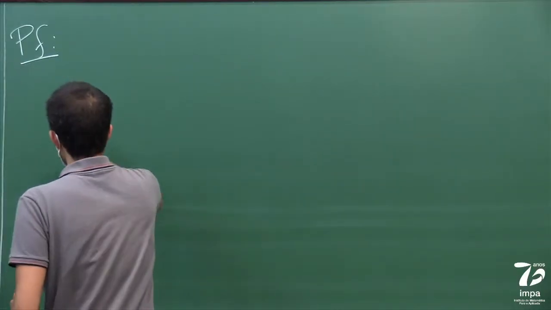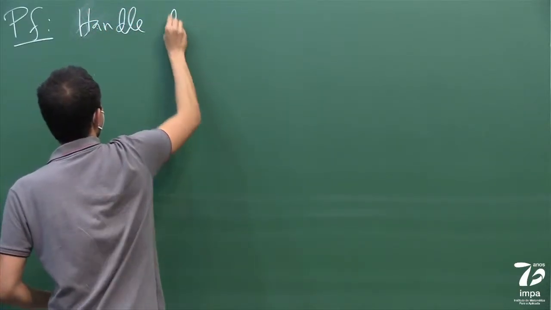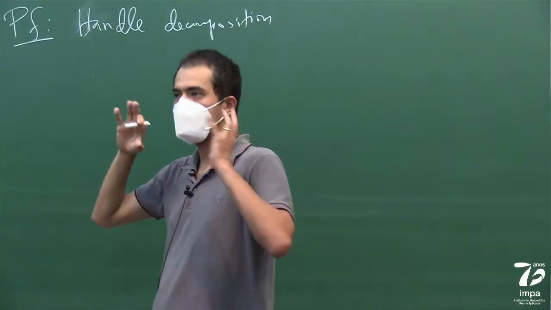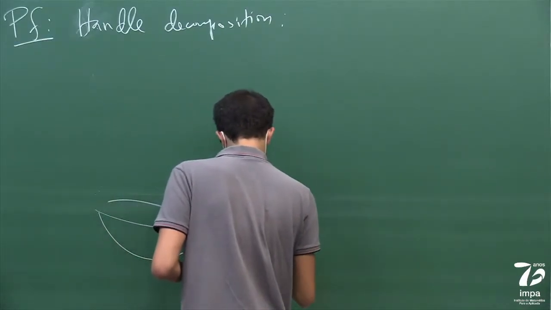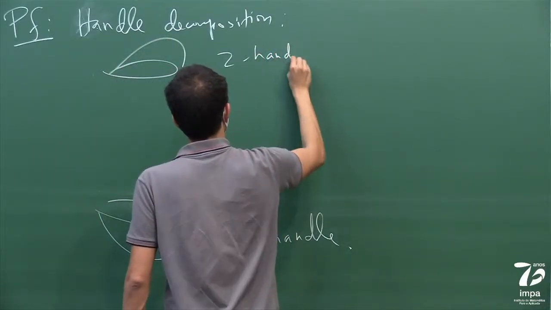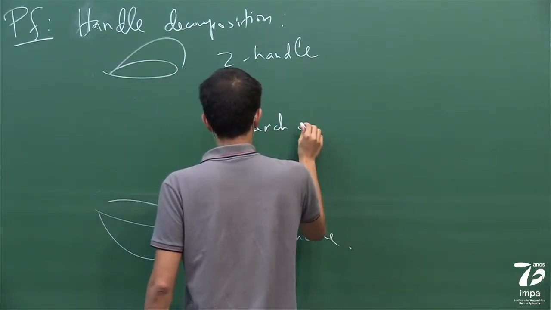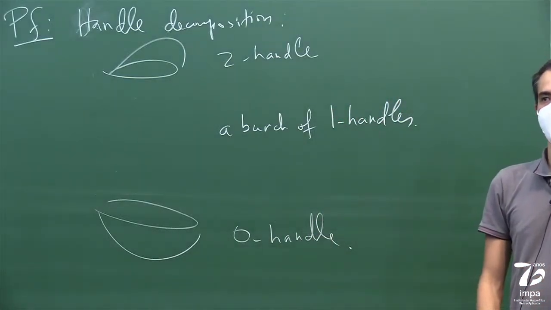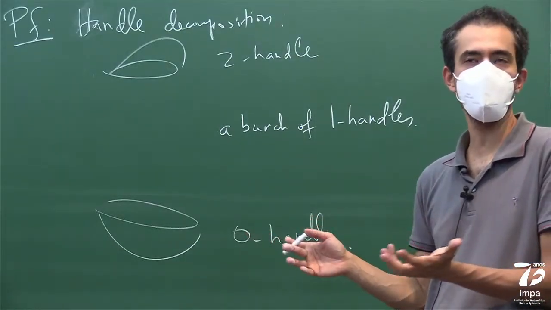So you can always assume that the handle decomposition that comes from a Morse function and a gradient-like vector field will be of the form: you have one unique 0 handle, you have a unique 2 handle, and then you have a bunch of 1 handles, potentially.